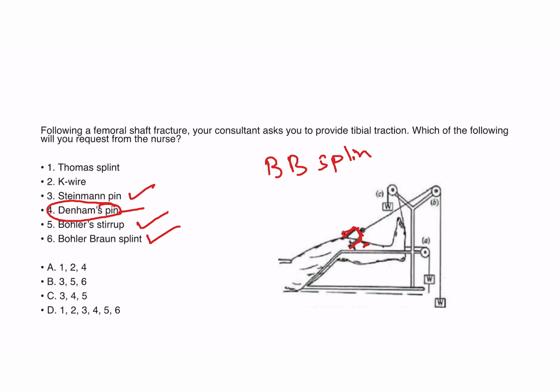So when the fracture is here, you can put a calcaneal pin, but when the fracture is here, you need a tibial pin, and for a tibial pin, Steinmann pin is a much better option than a Denham pin. So you need a Steinmann pin, a Bohler stirrup, and then some weight, and all this goes on a Braun splint. So I would say 3, 5, and 6 are what I need. So that's the correct answer.